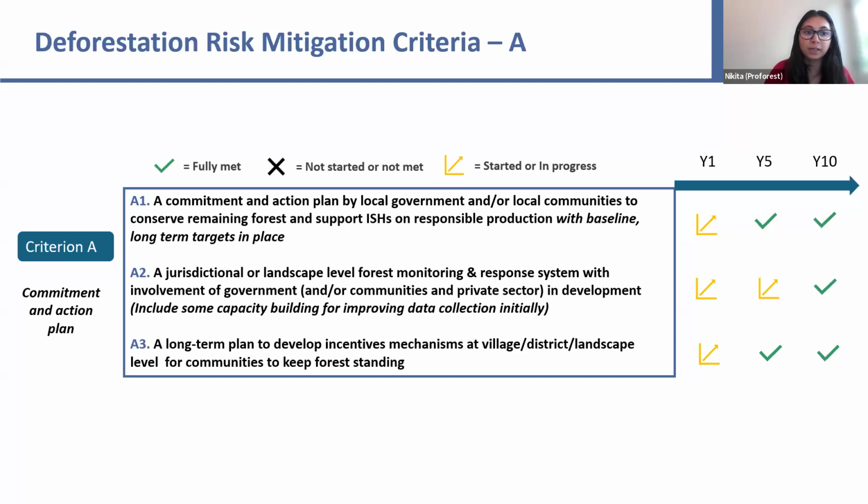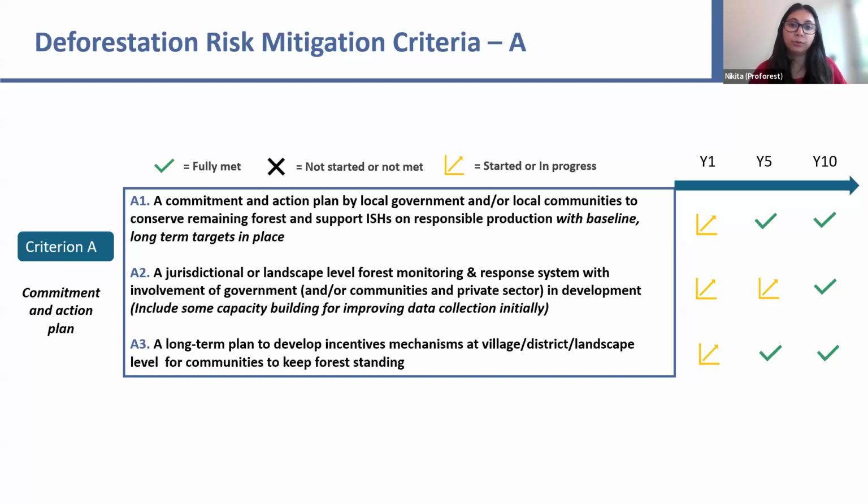Criteria A is more about having a commitment and action plan, having a landscape or jurisdictional level monitoring and response system, and having a long-term plan to develop incentives at the landscape level.